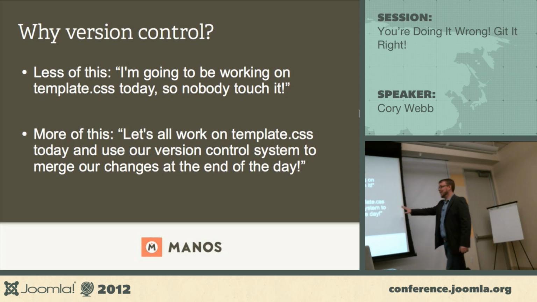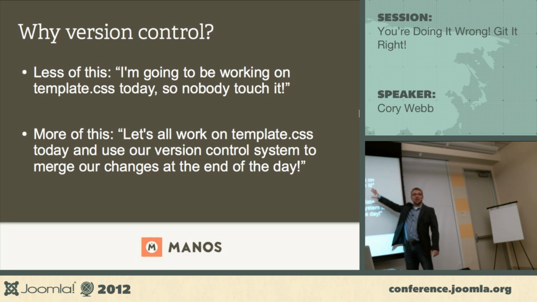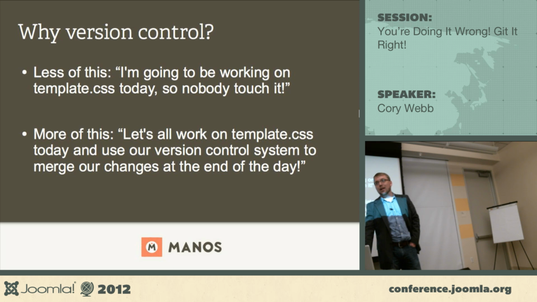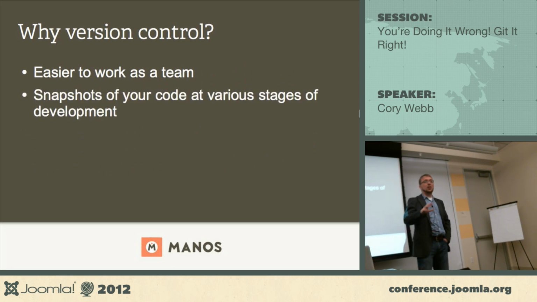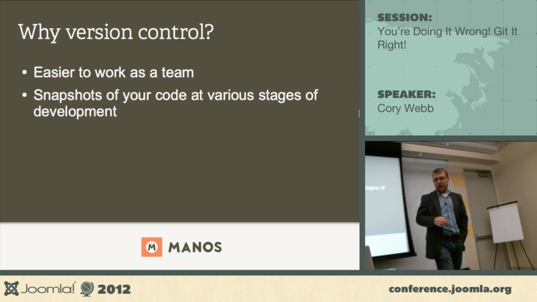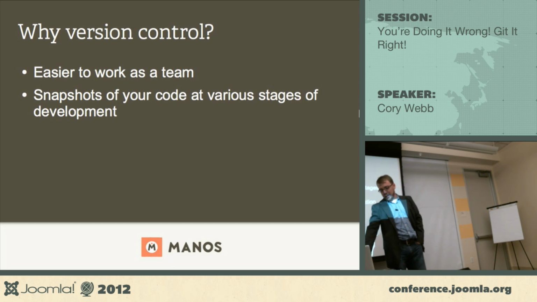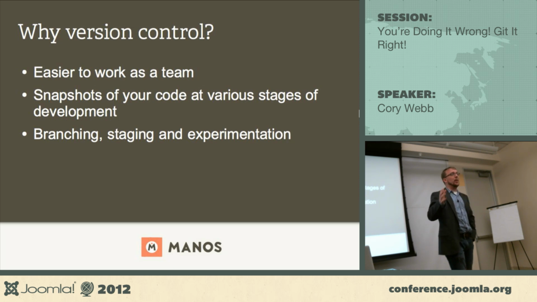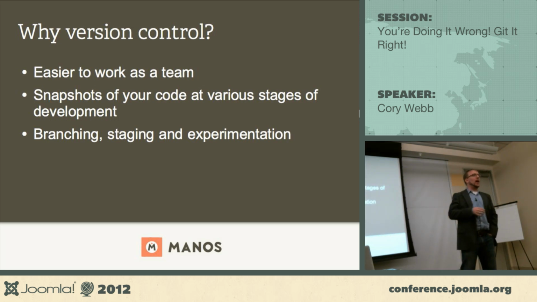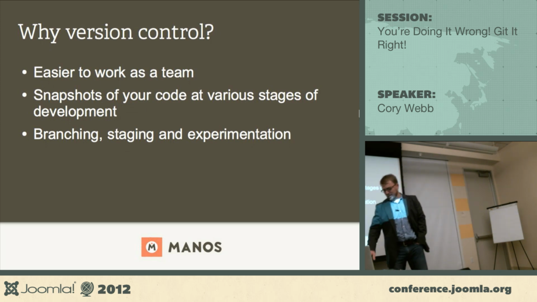That's what we want. This is, in a nutshell, why version control. Without it, working together is always a mess. So it's easier to work as a team. You can take snapshots of your code throughout the various stages of your development. You can do branching, staging, and experimentation on the code without having to worry about backtracking and getting back to a working version.